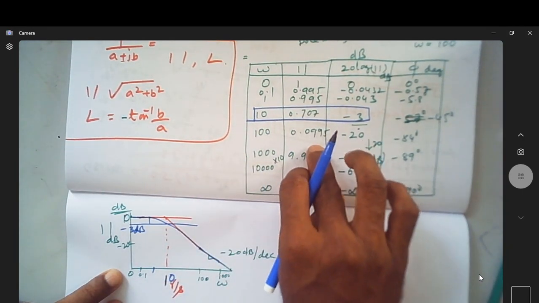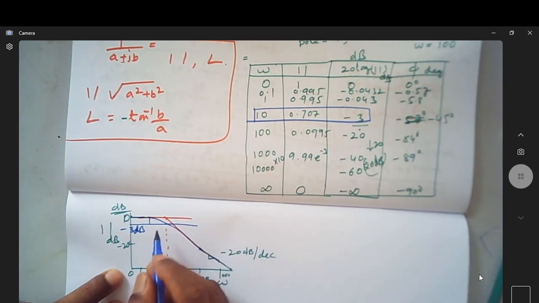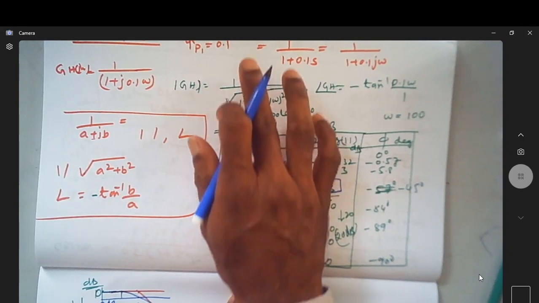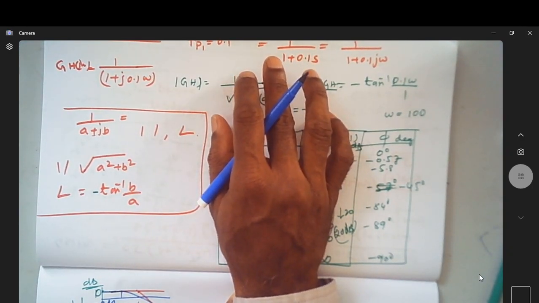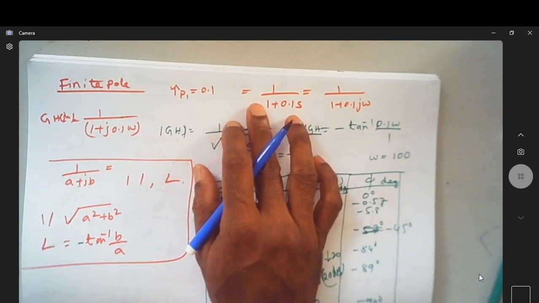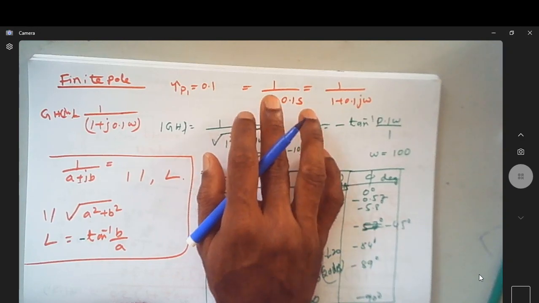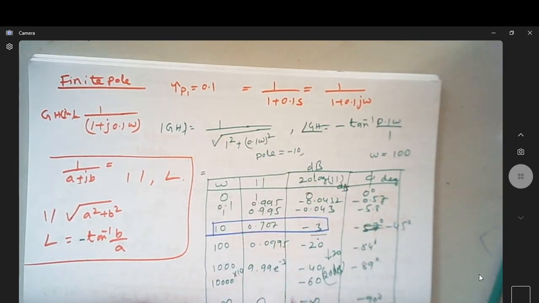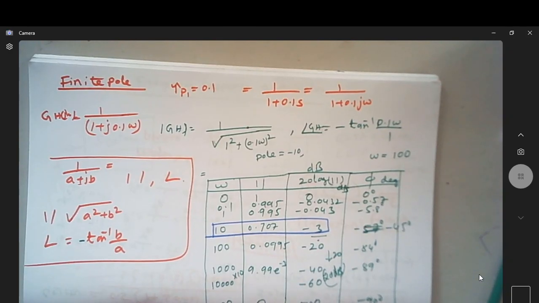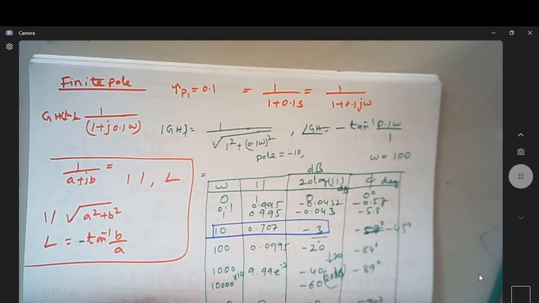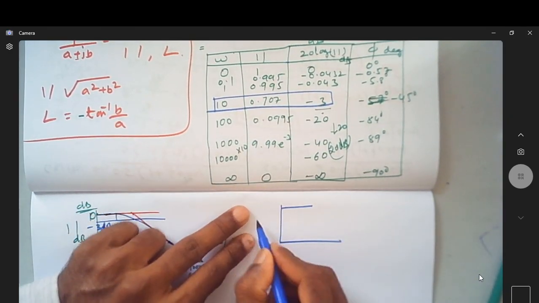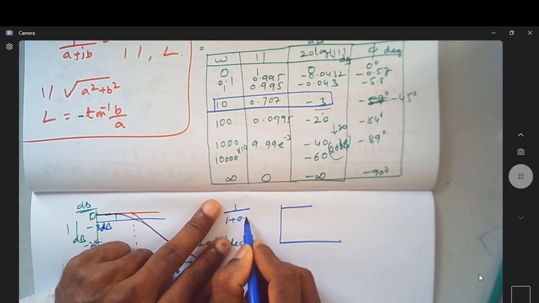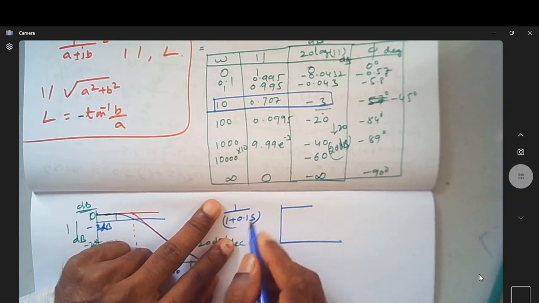In the asymptotic way, we can treat the asymptotic magnitude plot of a system having a pole at 10 radian per second as looking like this. So this is a straight line. This is the representation of 1 over 1 plus 0.1 s.